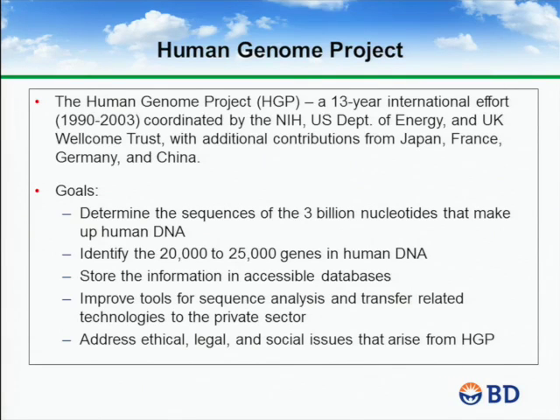So we're going to say, what is the sequence of the whole human genome? The goal was to identify the protein-encoding genes. There's about 20 to 25,000 genes in human DNA. To store that information in accessible databases so that other people would be able to have access to that. To improve tools for sequence analysis and transfer related technologies to the private sector.